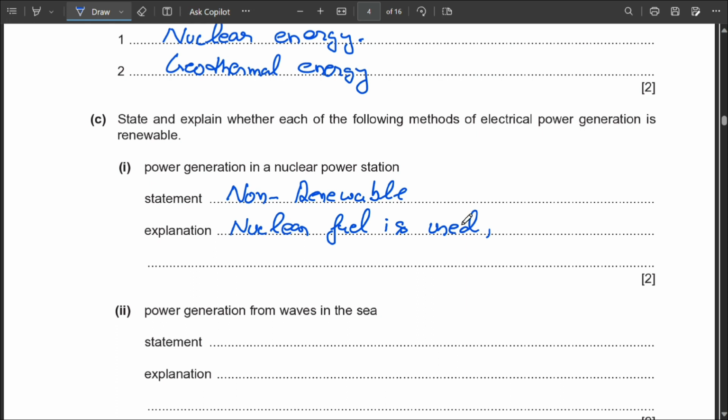So nuclear fuel cannot be used for an indefinite amount of time, because that has a limitation: ultimately the uranium fuel will be used up. And it cannot be replaced.